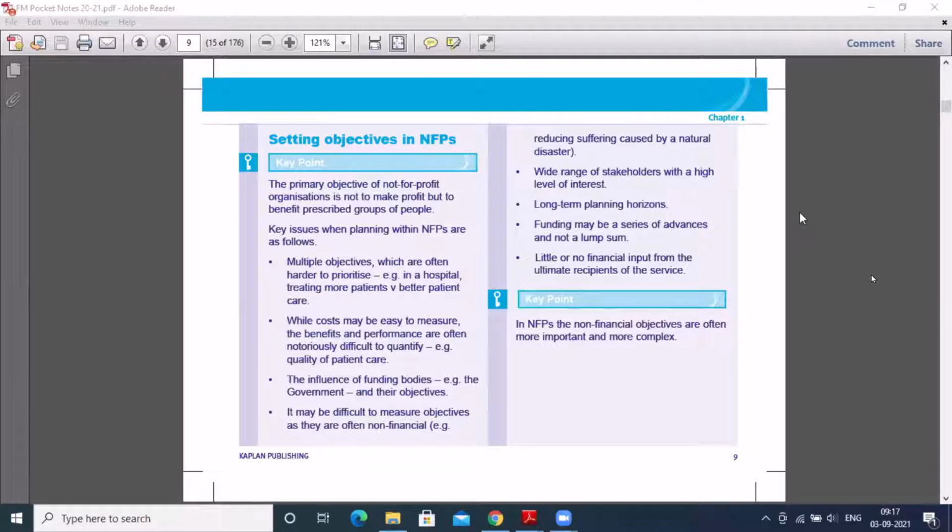These are the primary stakeholders we generally consider for a profit organization. But in a not-for-profit organization, beneficiaries are there, the people who work in the organization are there, the subscribers who provide financial resources are there, and the government, because the government gives certain benefits to the not-for-profit organization.